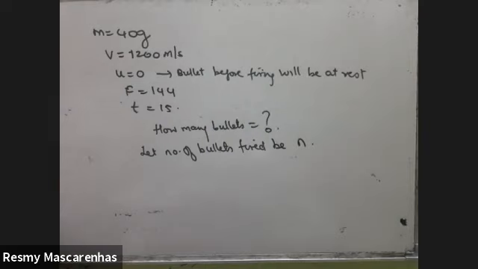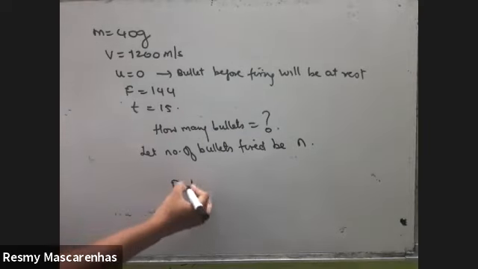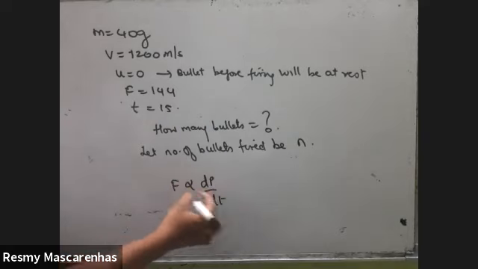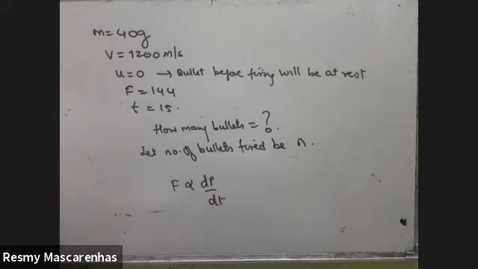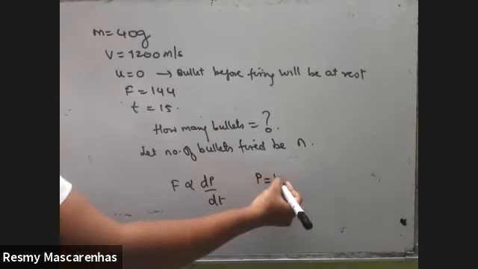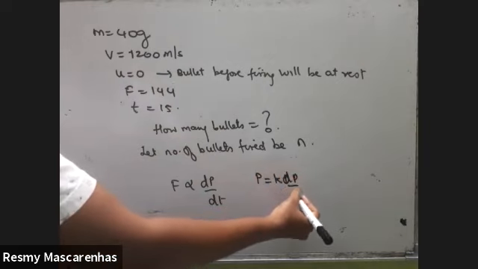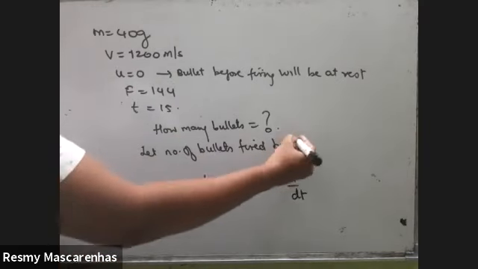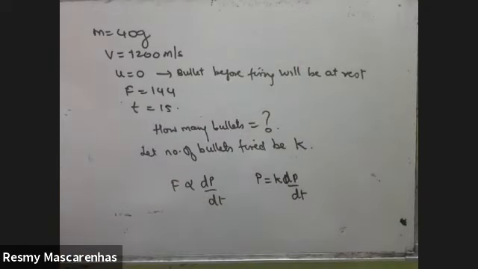Also, we had seen that force is directly proportional to time under the derivation part. Then we had taken P equals K times dP by dt, or you can take this as K only. Number of bullets fired be K. Whenever we remove the proportionality constant, we put it as K. In the derivation, we had just assumed K equals 1.